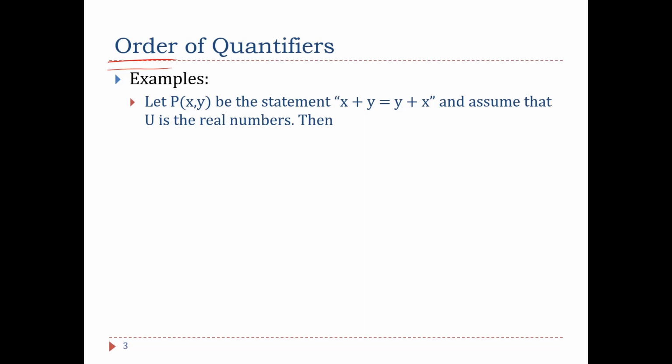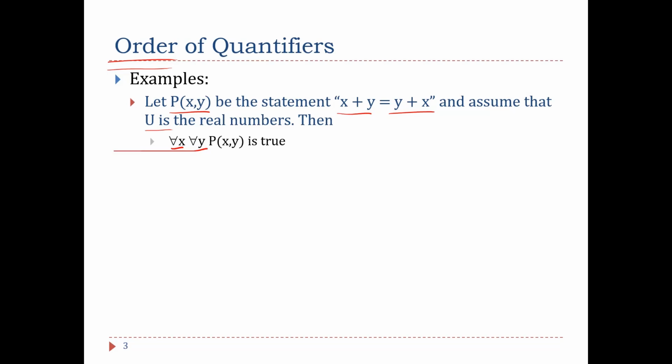If you have a certain property, such that p of x and y is true whenever x plus y is equal to y plus x, where the domain of x and y is the set of real numbers, then you can say that for every x and for every y, the property p of x and y holds.